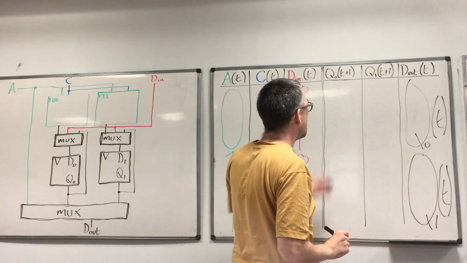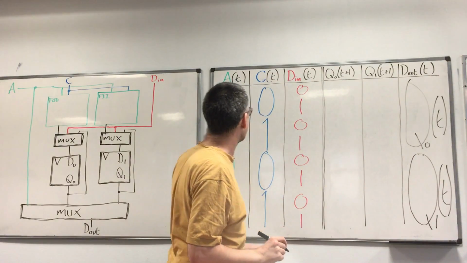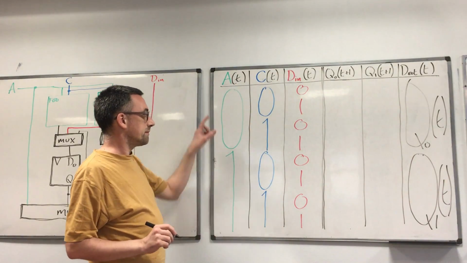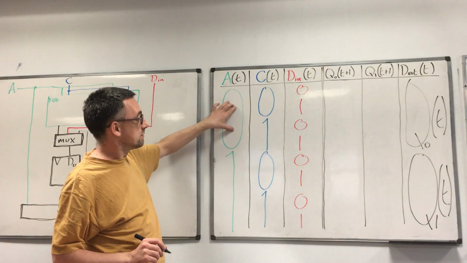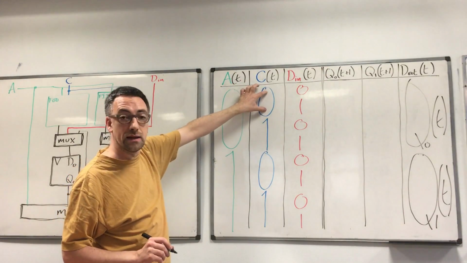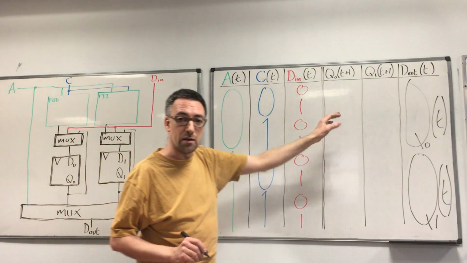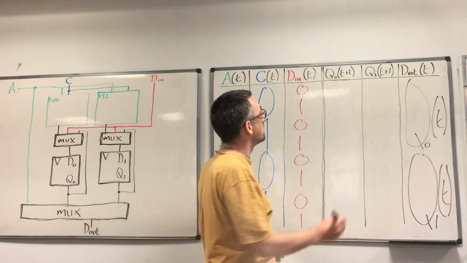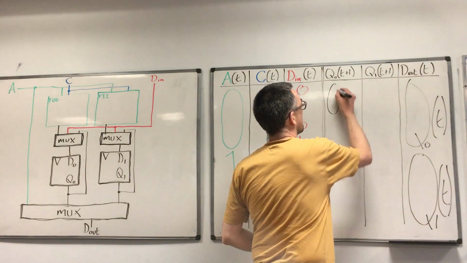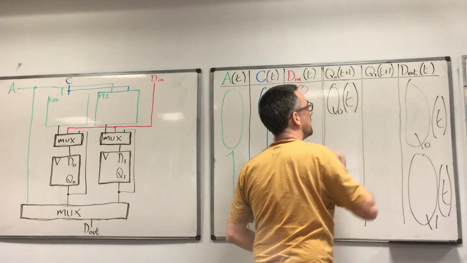Now, let's look at what happens to bit number 0 in the memory. If we're addressing the bit, but we're reading, then the memory at the next time should still be the same as the memory is now. So we should stick Q0 of t in here.